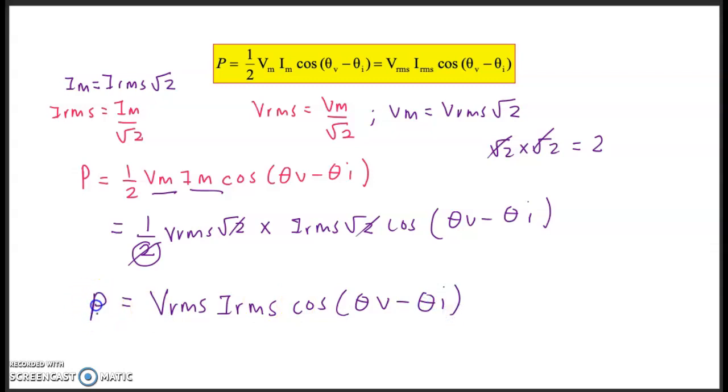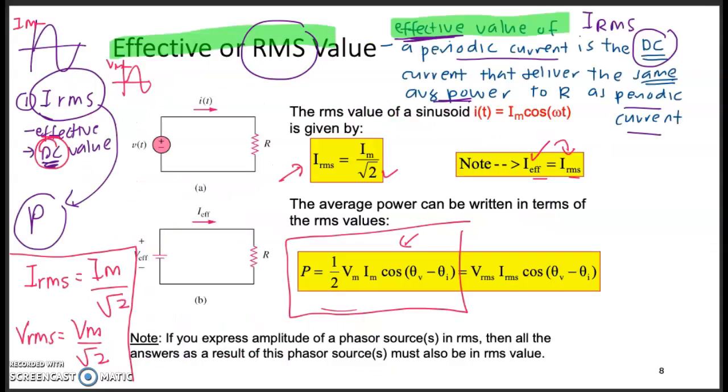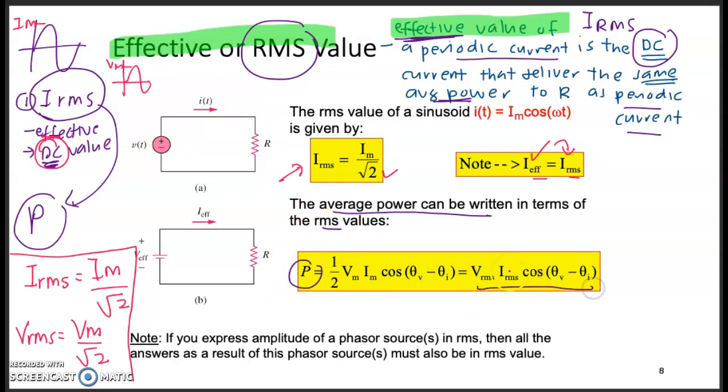So this is the formula for average power, which you measure in watts. Let's go back to this: this is what I derived just now. How do you calculate the average power in RMS? P is equal to Vrms Irms cosine theta V minus theta I, if you use RMS.